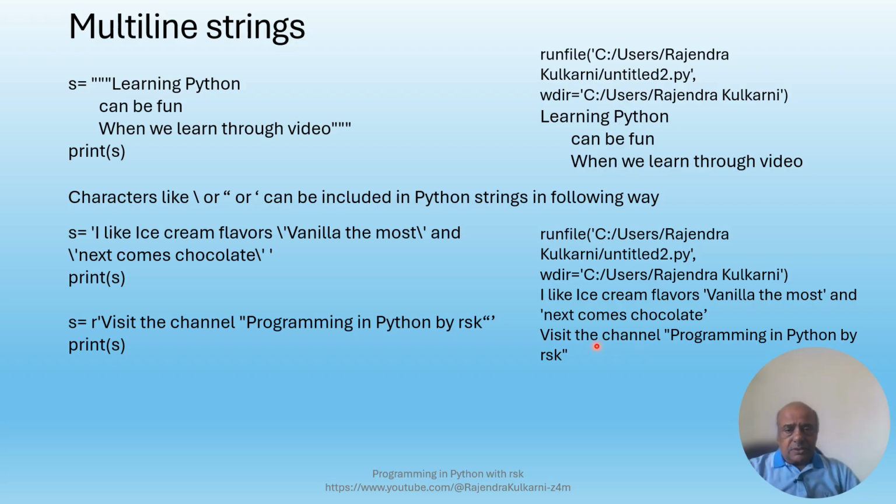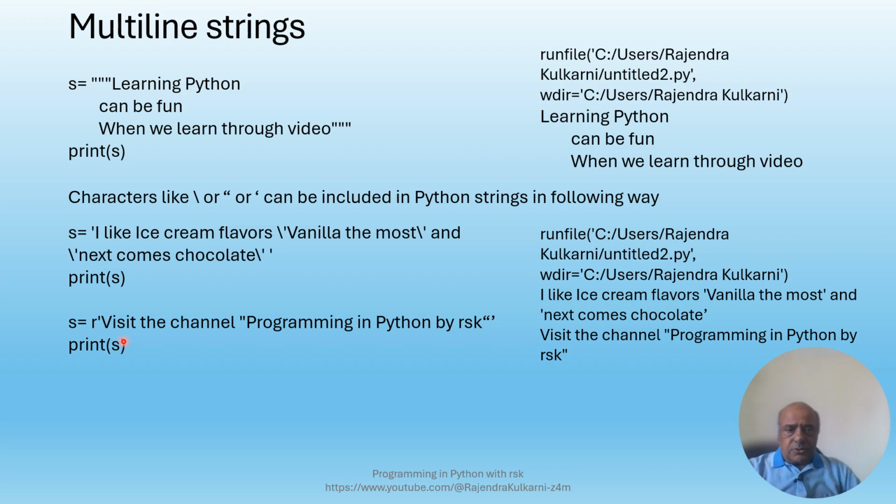We can see here, visit the channel in double quotes, programming in Python by RSK. This is the way we wanted the string to appear, and that is what we achieved using R, or defining that string as a raw string.